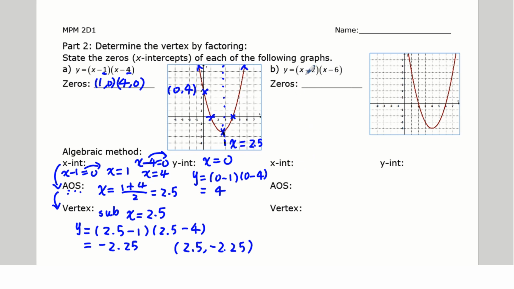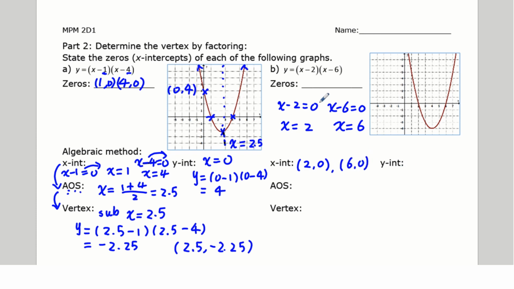So it's just x minus 2 equals 0, solve it. x minus 6 equals 0, solve it. You will have 2 and 6. And they are the zeros. Also we call it x-intercept.